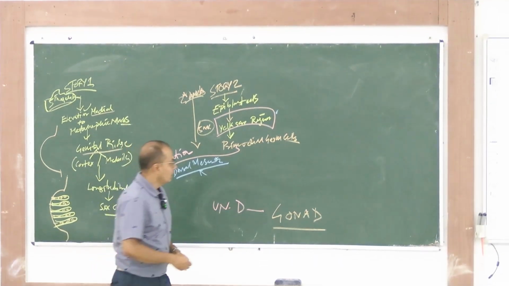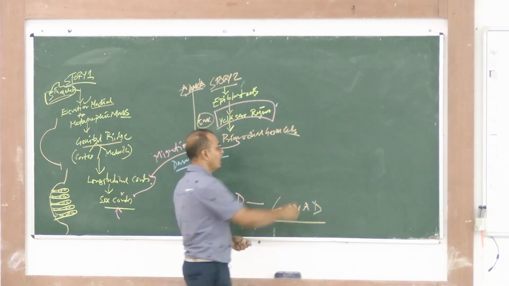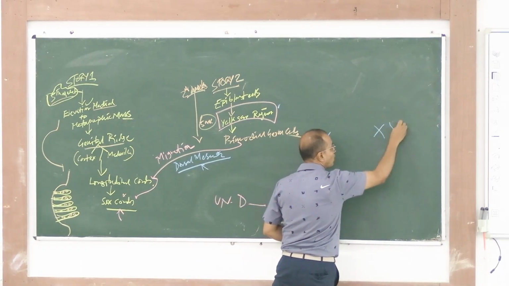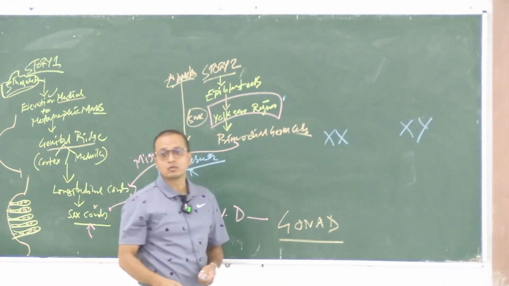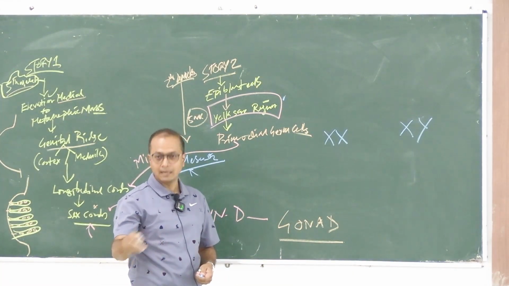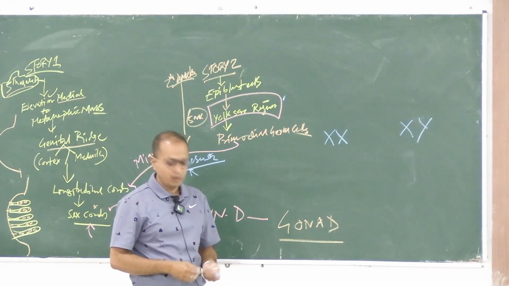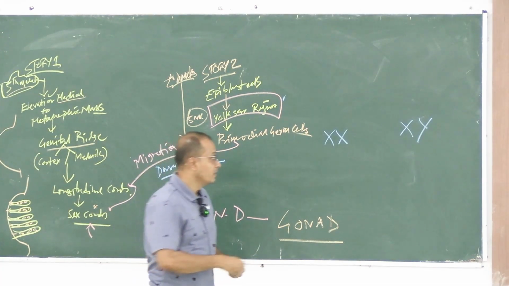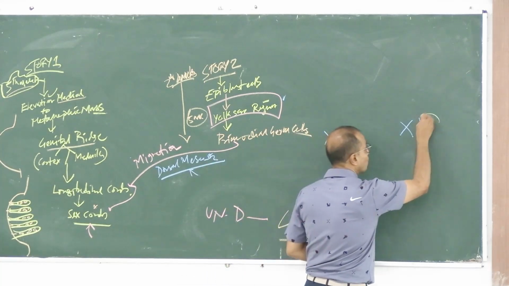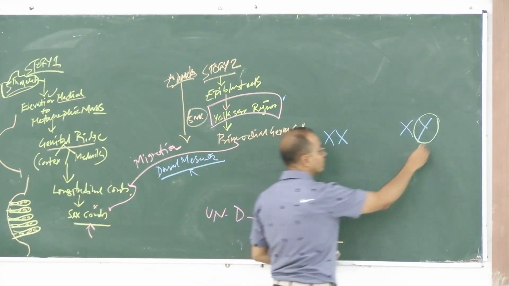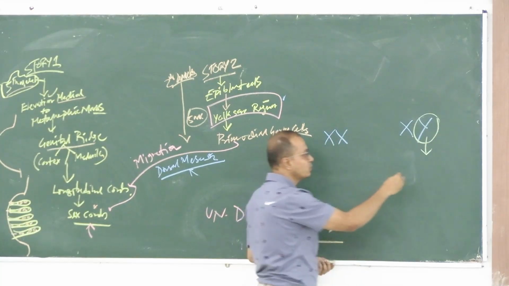Now, if this particular embryo has the genetic map XX or XY, the story plays with the genes that direct it whether it's going to be a testicle or an ovary. Now, how does this matter? If we have a Y chromosome, we have a gene existing on it.